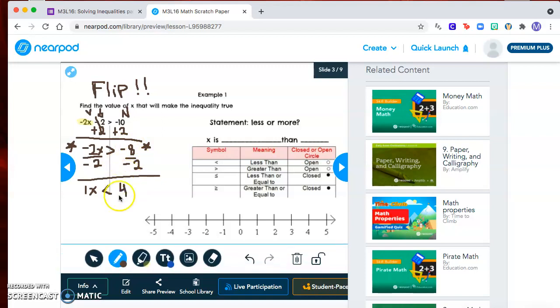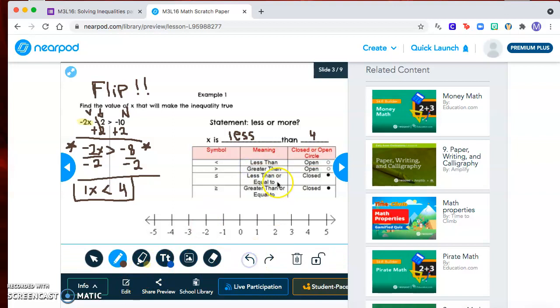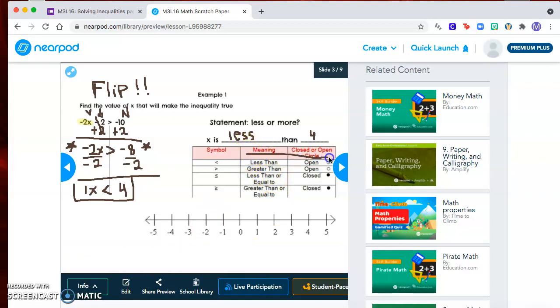And -8 divided by -2 is +4. So now our statement is saying that x has to be less than 4. And what I see here is that this is less than, which means when I graph it on the number line, it'll be an open circle.